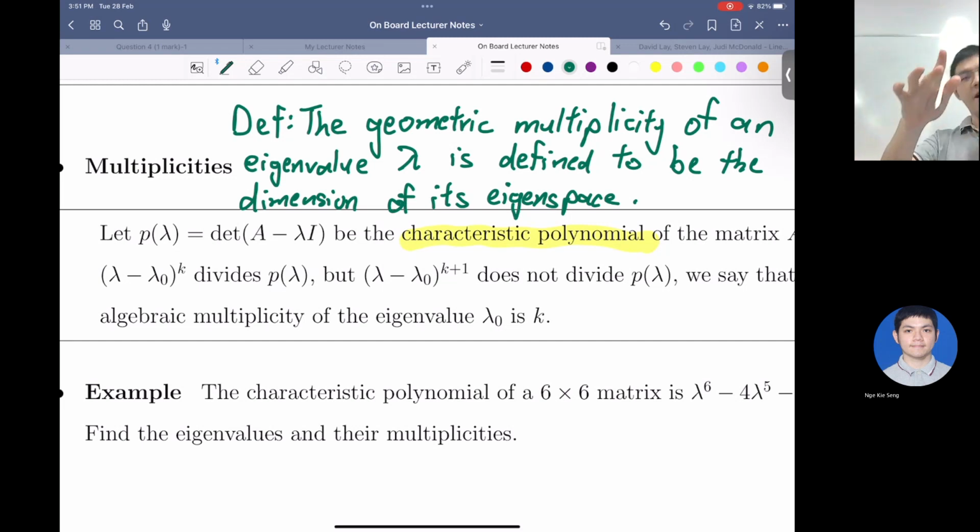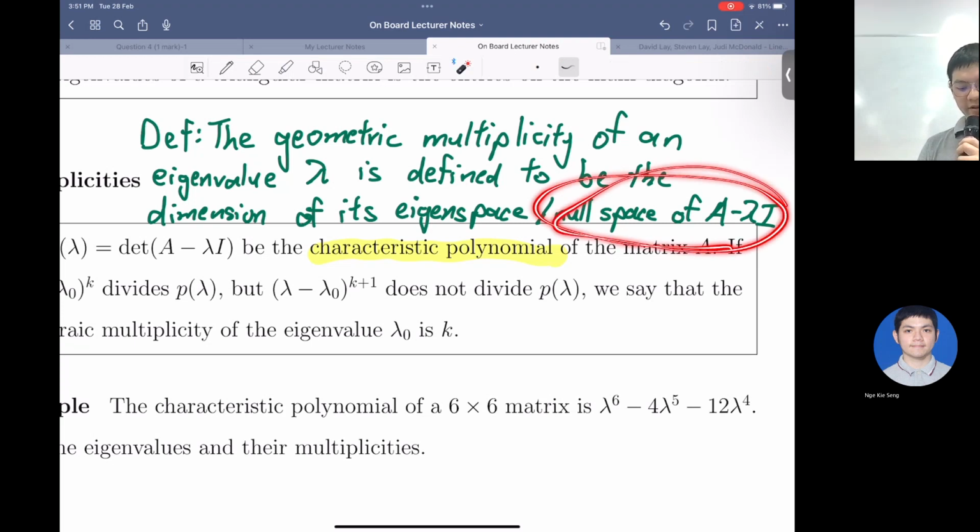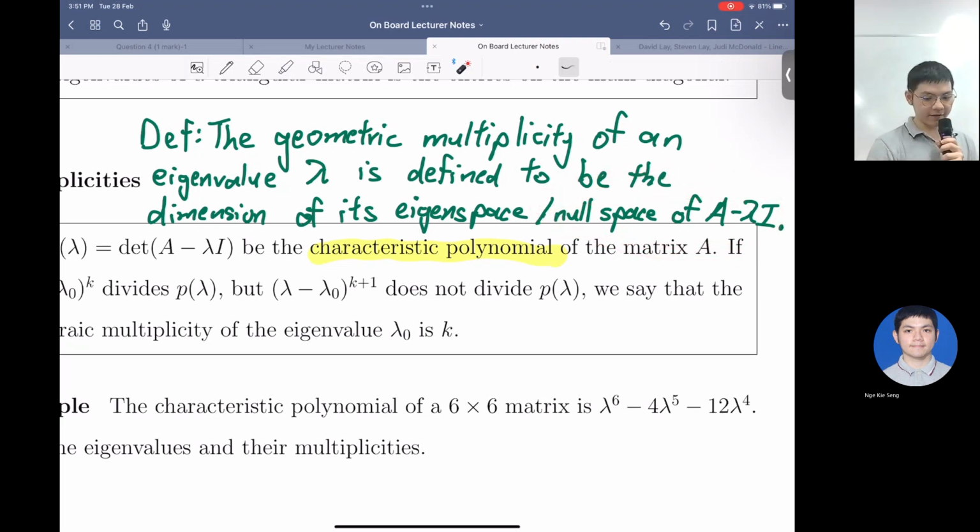So you swap between eigenspace and null space of A minus lambda I. These two are the same thing, but this one tells you how to compute it: the null space of A minus lambda I.